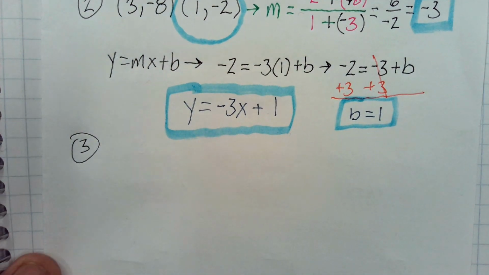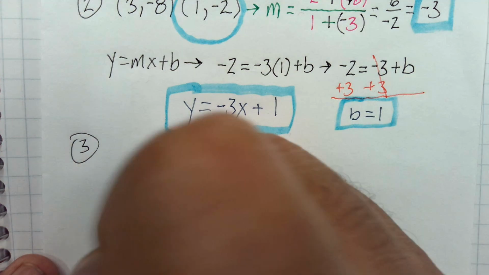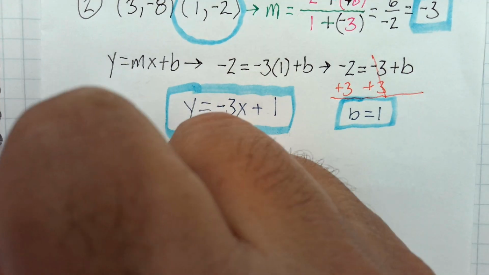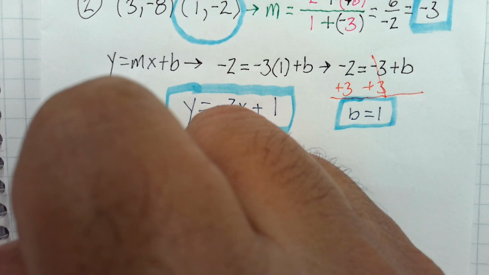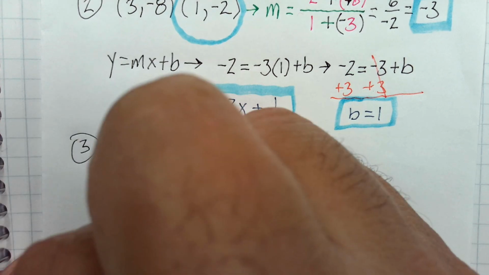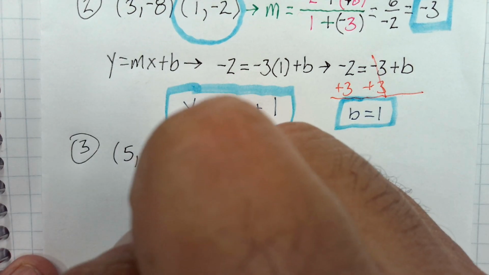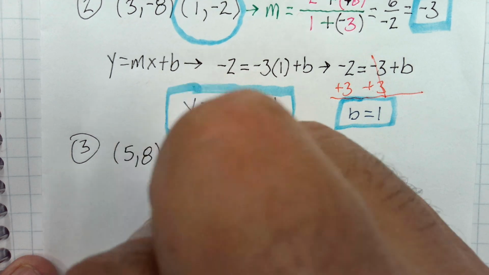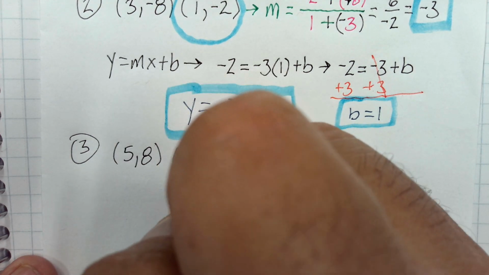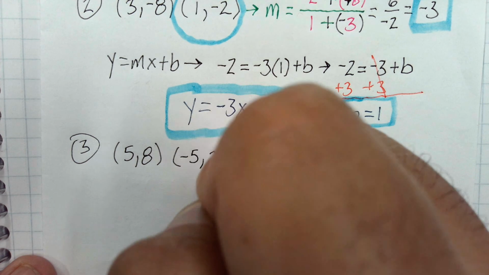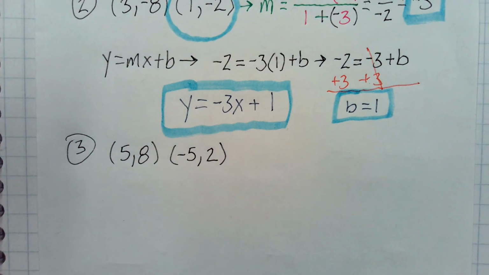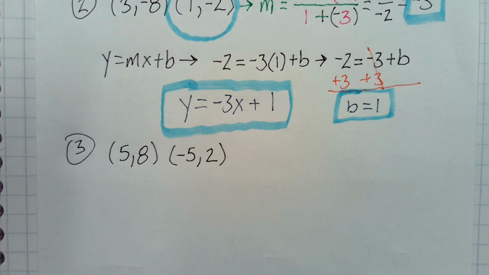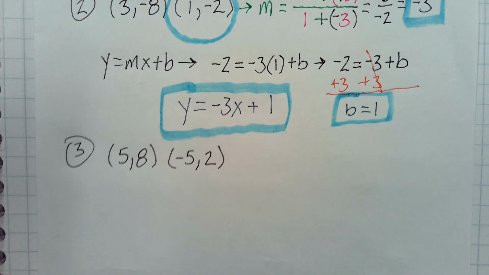Okay, number 3, the ordered pairs are (5, 8) and (-5, 2). Okay, so let's go ahead and plug in. Slope formula, here we come.